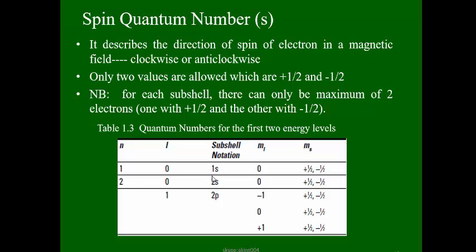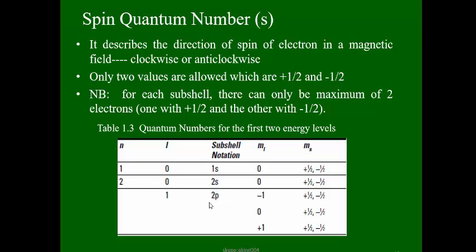So when we have s, it is half. If it is p also, each of the subshells in p, minus 1 is a subshell, 0 is a subshell, plus 1 is a subshell. So each of them now contains 2 electrons. So we have 6 electrons totally in 2p.